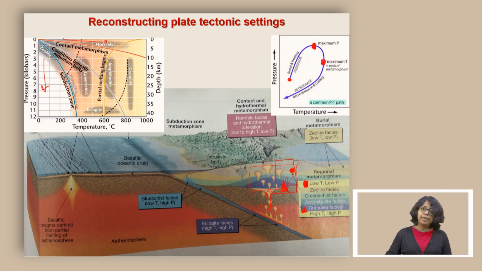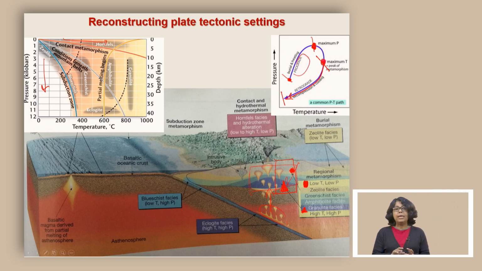But finally, it can be uplifted back to the surface, and therefore it experiences a drop in pressure and temperature. This is the phase called retrograde metamorphism, whereas the initial part, where it experiences increasingly high temperature and pressure, is called prograde metamorphism.